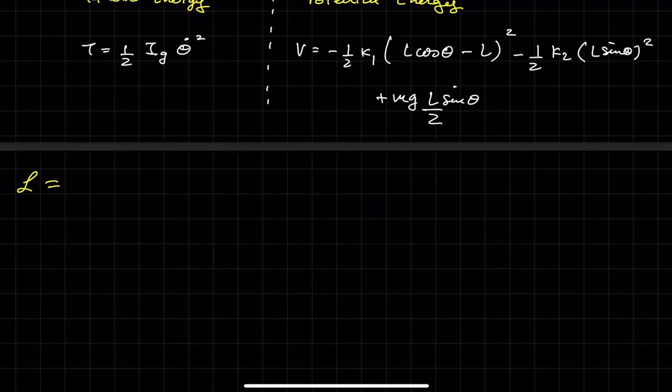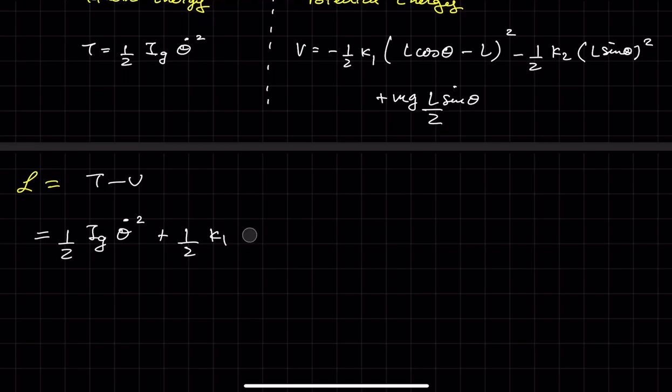The Lagrangian, we can express the Lagrangian, that is T minus V. So I want to have 1/2 the inertia times theta dot square, minus, so that makes minus minus, right? So that's going to be plus 1/2 k1.